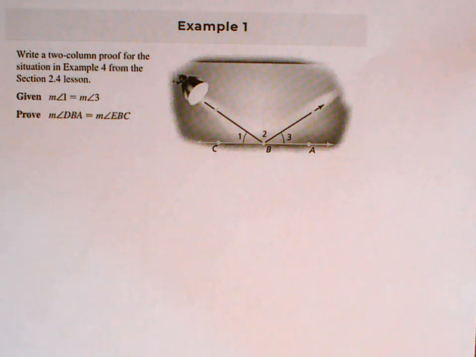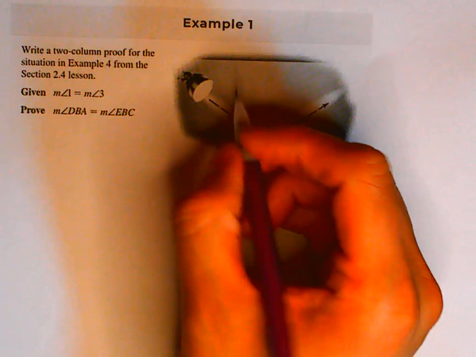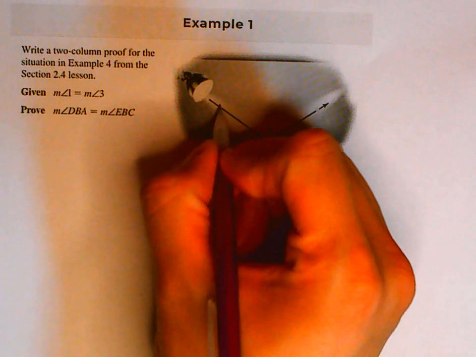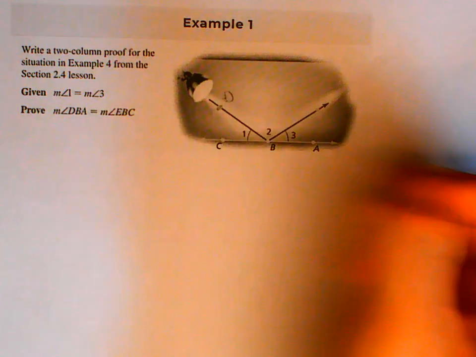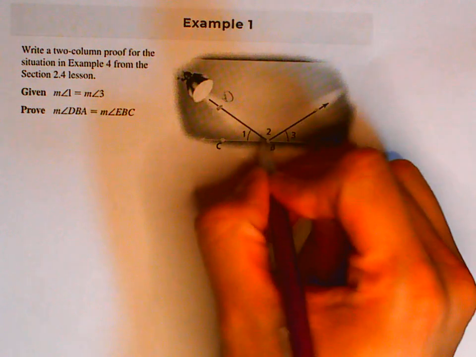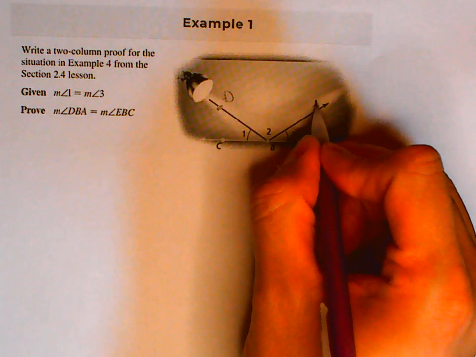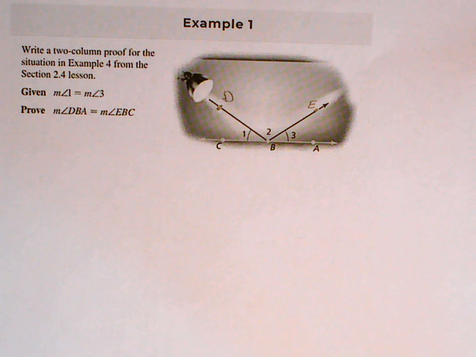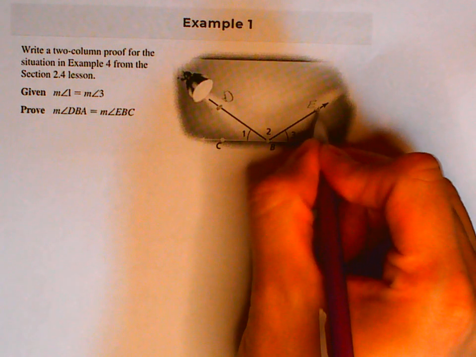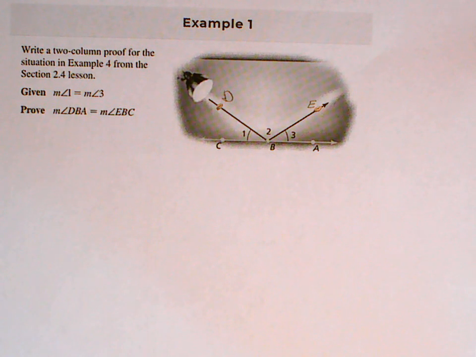Okay, so let me recap what that problem was about. You have a flashlight, and in this flashlight you have angle DBA and CBE. I know they're kind of hard to see, but these are the points that my printing did not help come out. So what we're going to do is convert the same problem that we did on example 4, and I actually have it right here.